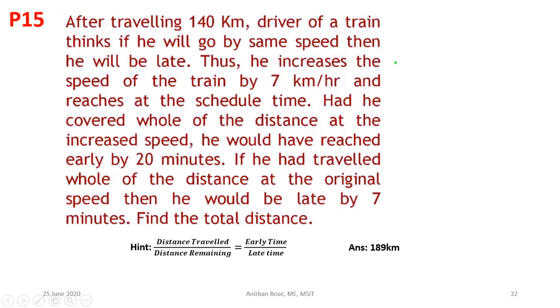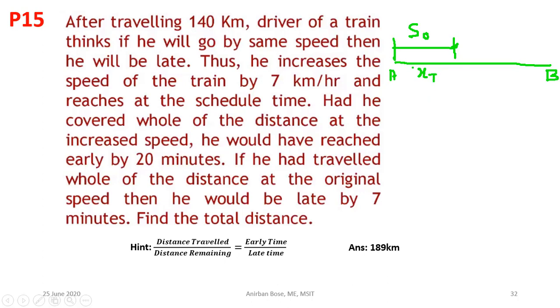The problem is basically: suppose a train travels from a point A to B. It has traveled with some original speed up to this much distance, and this distance is some distance, say x t or d t, whatever you consider.